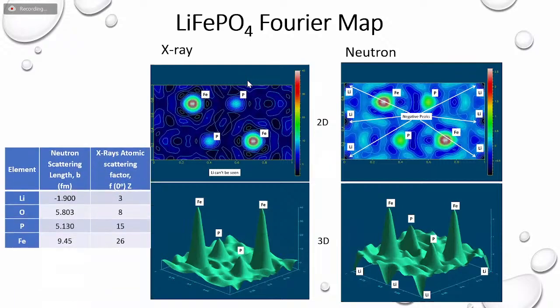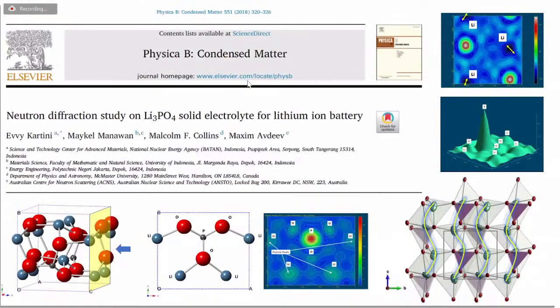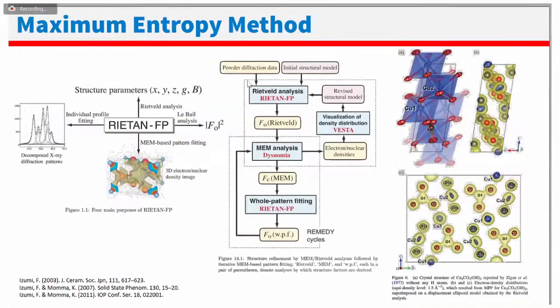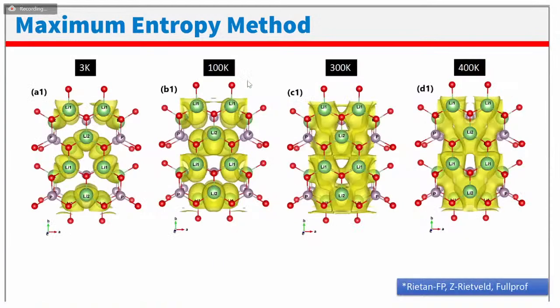So this is one example, and further you can also study the motion, the diffusion, if you do the temperature dependent measurements, and the anisotropic displacement parameter. Of course, hopefully we can also do this with the synchrotron, and then the maximum entropy method to see the energy or the motion of the atoms.